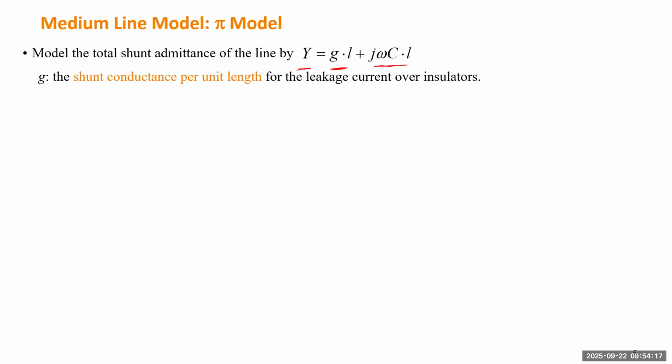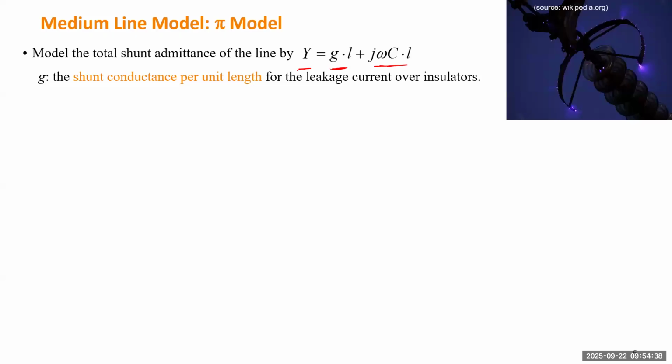So usually the G can be ignored, but it depends on the design of the line. If you deal with realistic line data, you may see some data that may or may not provide G, but usually C will be needed to model the system. G here is related to things such as the corona effect.